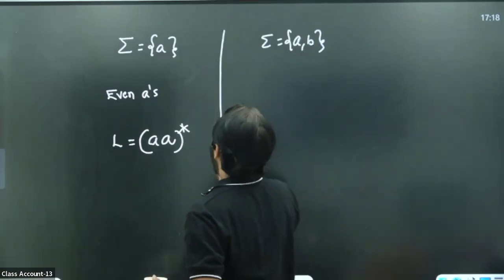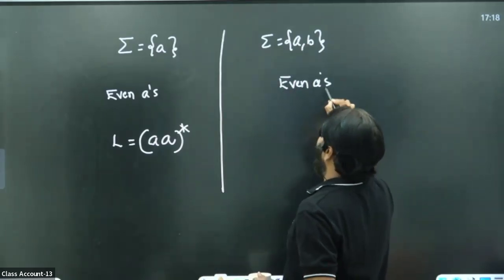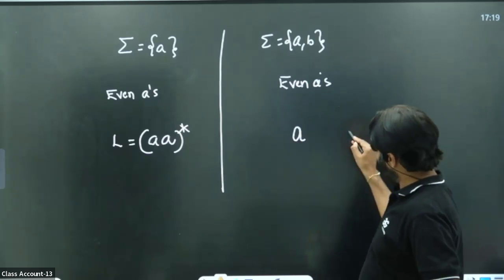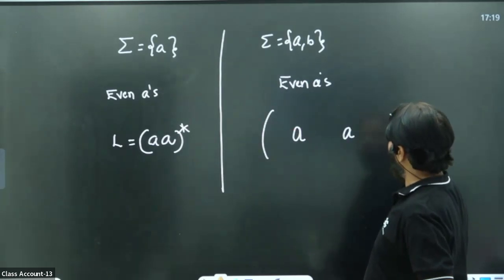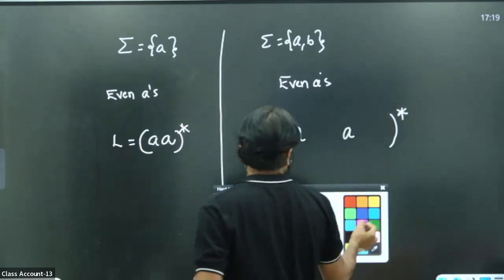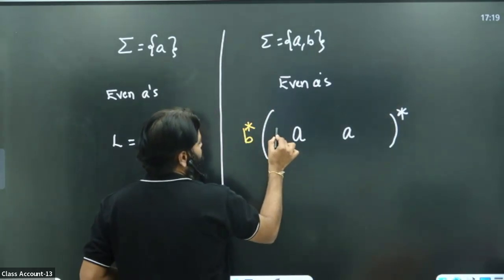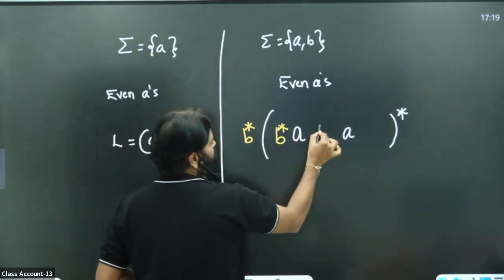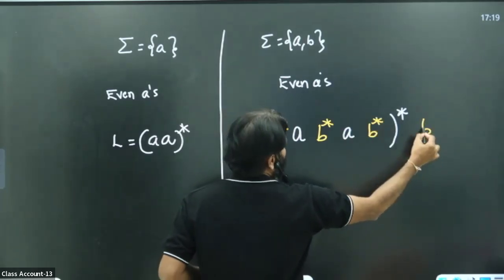And again you want even A's, but the number of B's is any. So even is the same expression, but the difference is B's can come from anywhere. Correct? B's may happen here, any number of B's. B's may happen here, any number, either 0 B or more B's. B star, B star, B star.